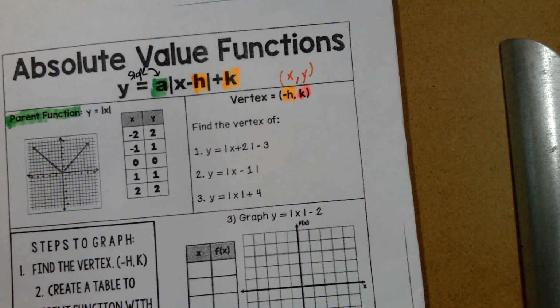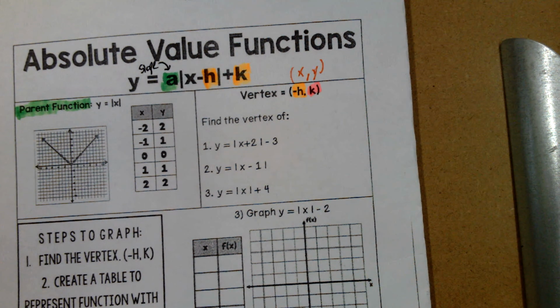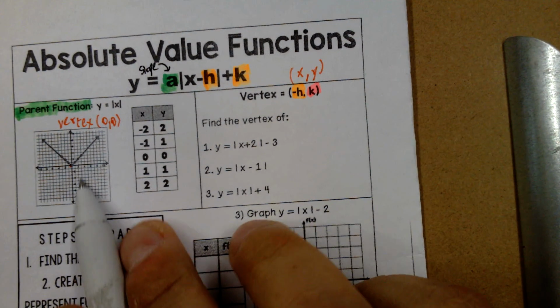So I'll give you an example. Say we wanted to find the vertex of a function. We want to know where it changes from positive to negative and vice versa. Basically here. So the vertex for this one is 0, 0, because that's where it's changing.